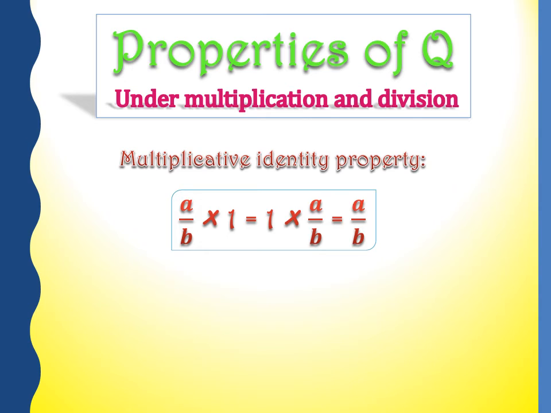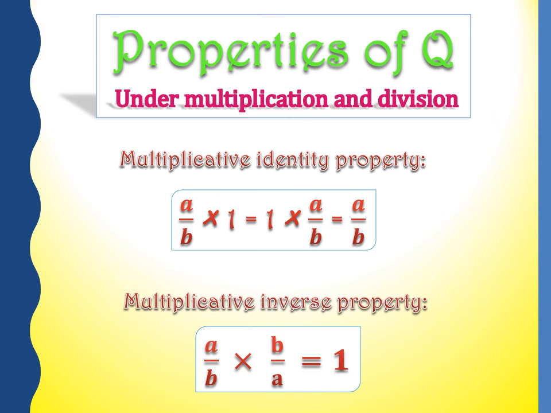The multiplicative inverse of any rational number is its reciprocal. I can write it as a over b times its reciprocal b over a equals the multiplicative identity, which is 1.